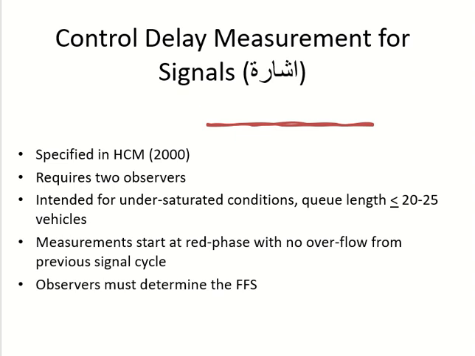Remember, we are measuring control delay. What do we have at the intersection? We have a signal. So I am trying to find the delay because of the control of the signal. If the queue is too long, the delay will not be because of the signal. Got it? So you have to make sure that the queue is not too long.